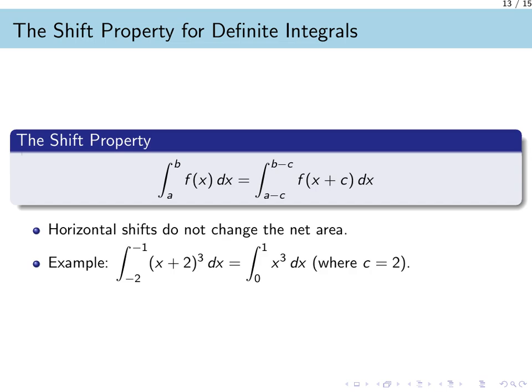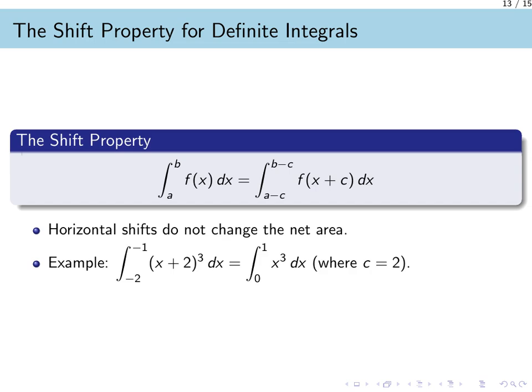We want to show that the integral of the quantity x plus 2, all cubed, from -2 to -1, is the same as the integral of x cubed from 0 to 1. The function on the left, x plus 2 cubed, is just the function x cubed shifted 2 units to the left. In our formula, this means the shift c is equal to 2.